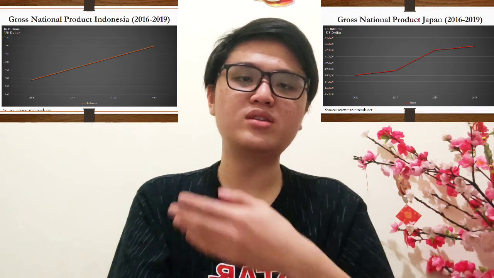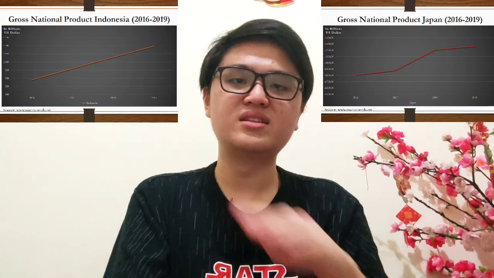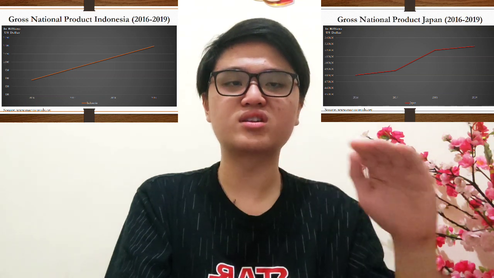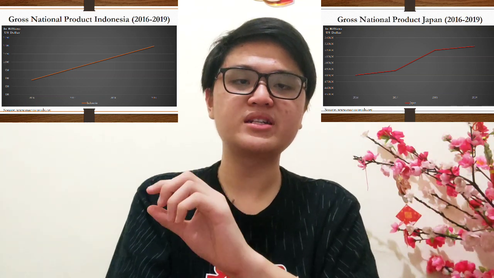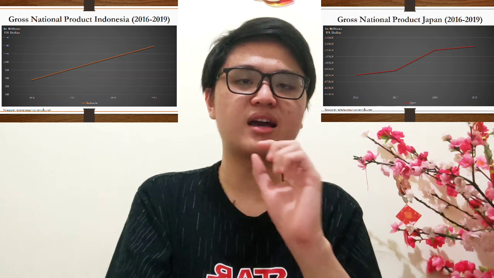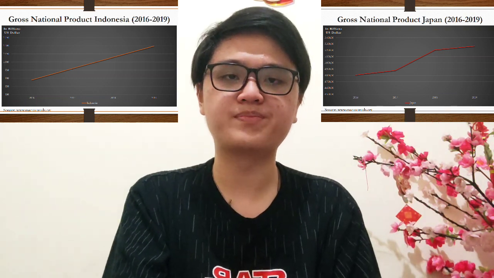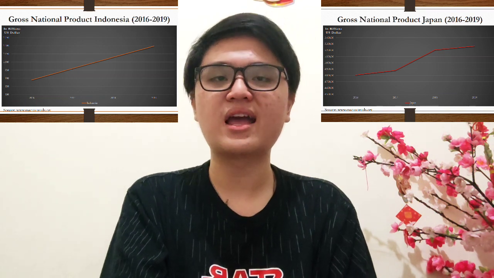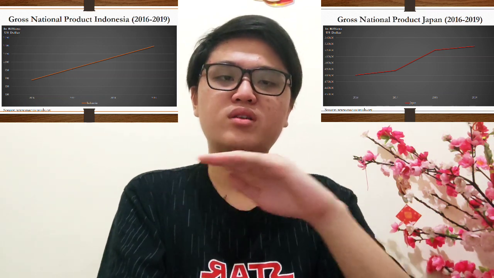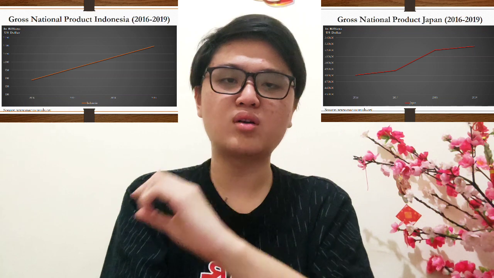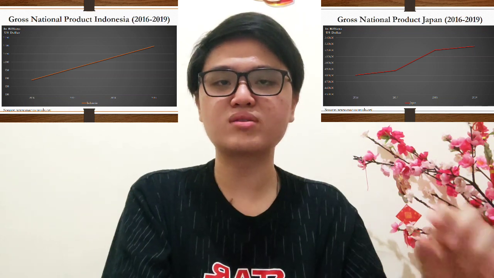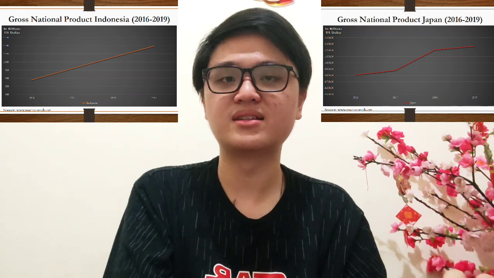When you take a look at Indonesia, the difference between each year is very little and there's not much difference between them. So we can say that the GNP growth from 2016 until 2019 was stable.